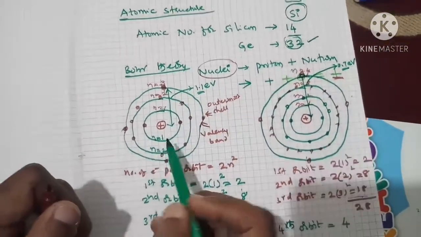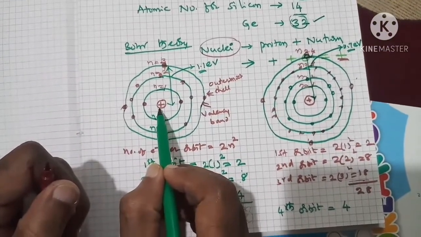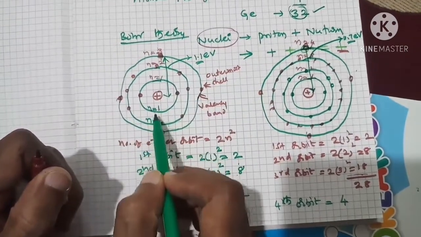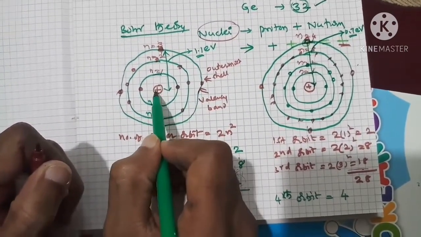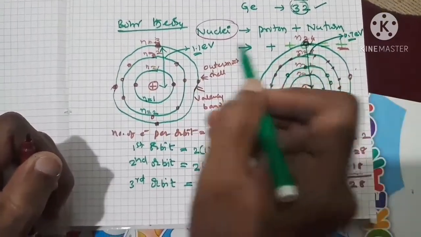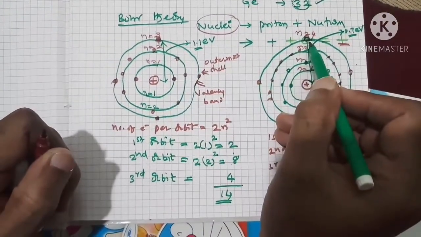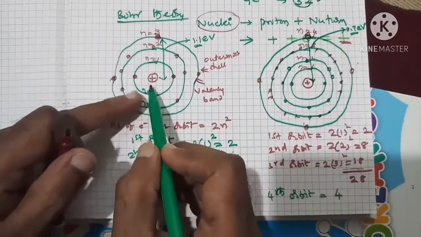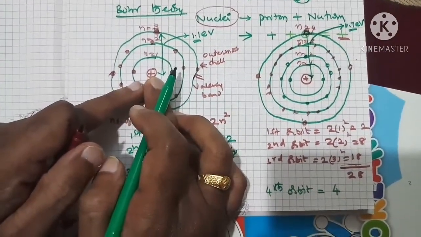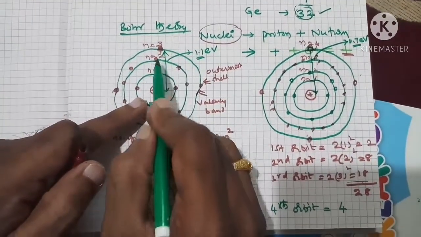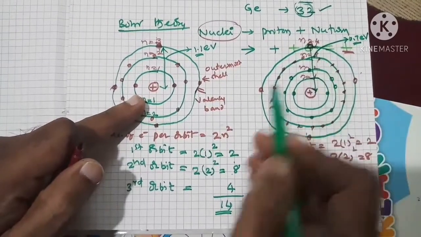If you see, the nucleus is a positive charge and the electron is a negative charge. So the attraction force from the nucleus to the third orbit, compared to the fourth orbit, is more, because this one is in the fourth orbit and this one is in the third orbit. So definitely the attraction force from the nucleus to the outermost shell, the valence band electron, will be more in the silicon.